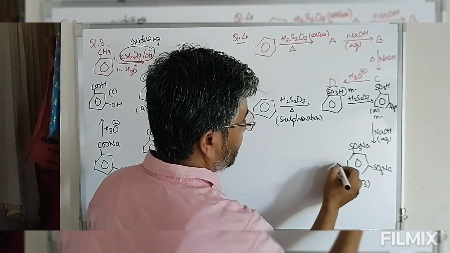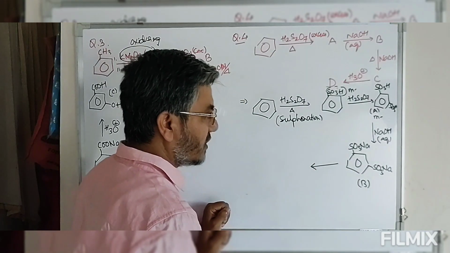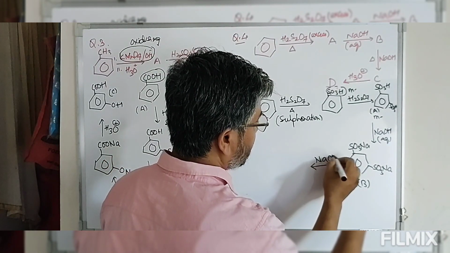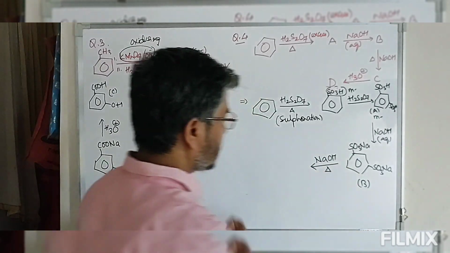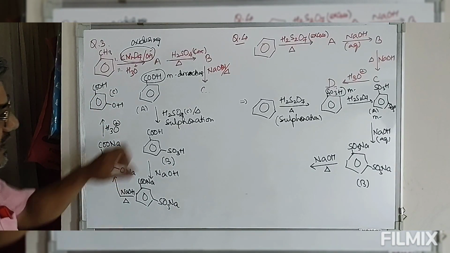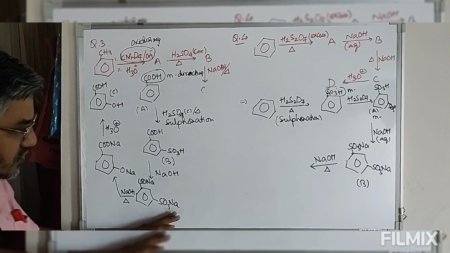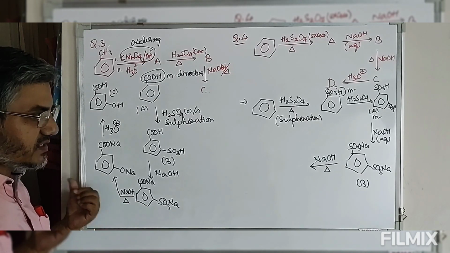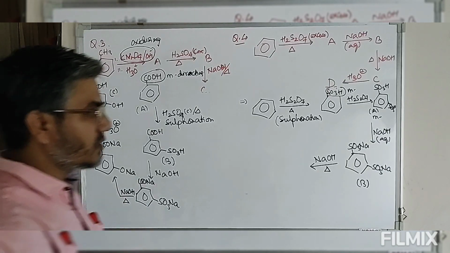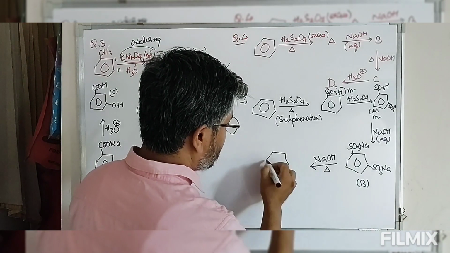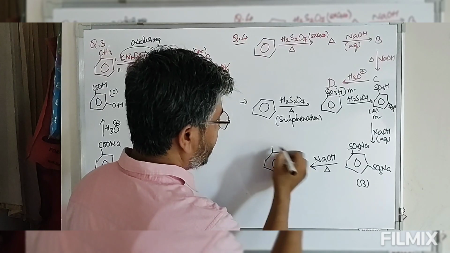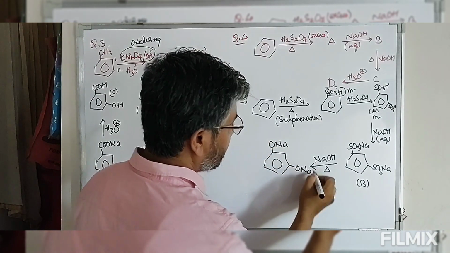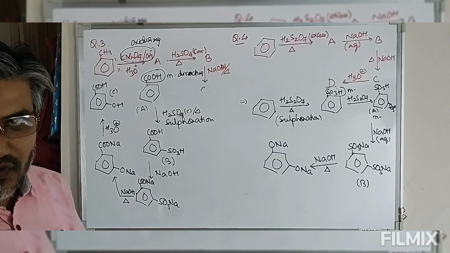So this compound B, the sodium salt of sulfonic acid, on fusion with sodium hydroxide, that is heating with sodium hydroxide, as I have shown you in the reaction here. Sulfonic acid or the sodium salt of sulfonic acid on fusion with sodium hydroxide, desulfonation takes place and an OH group is introduced to the benzene ring. So as it is, we have this ONa and ONa, the sodium salt of phenol is formed.